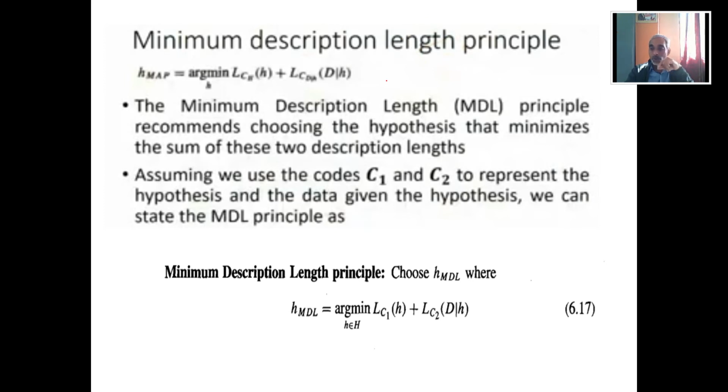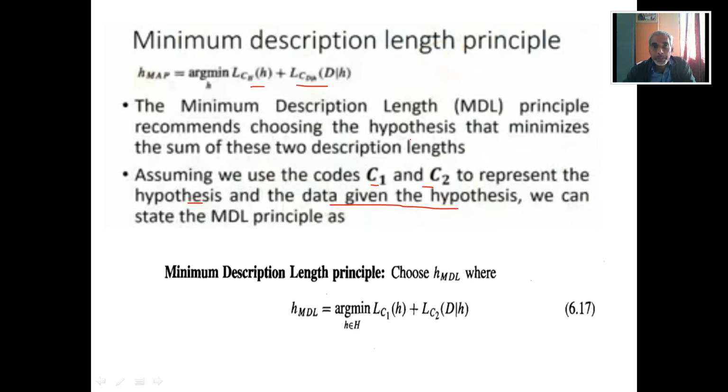So what is the actual way of selecting with the minimum description length principle? We have two description lengths in our equation. You are supposed to minimize the sum of these two terms. Now assuming we use the codes C1 and C2 to represent the hypothesis and the data given the hypothesis.